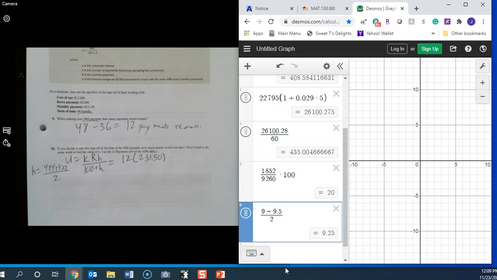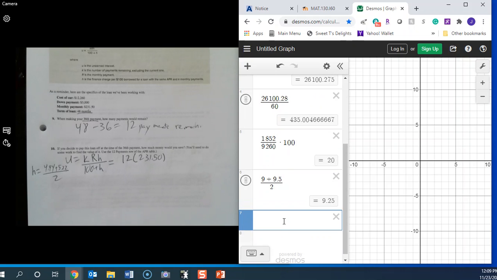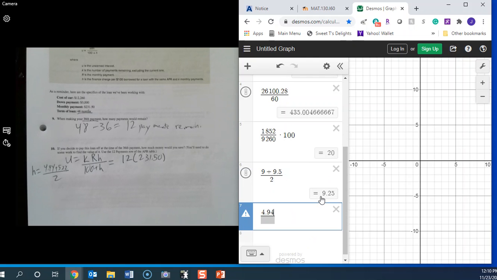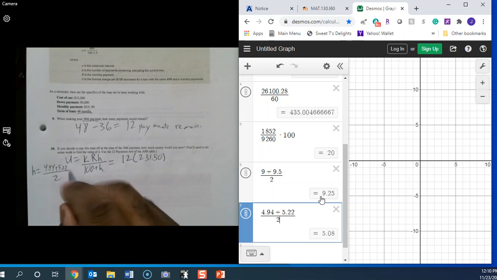Now, if we put this in our calculator, we would have 4.94 plus 5.22, and then we would have that divided by 2, and that would give us 5.08.